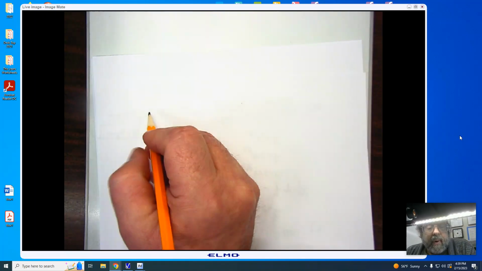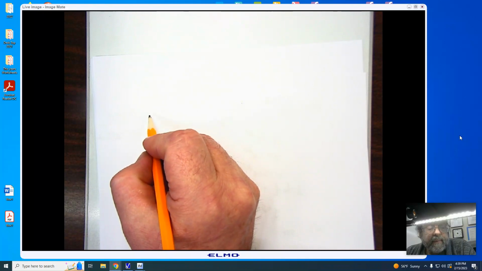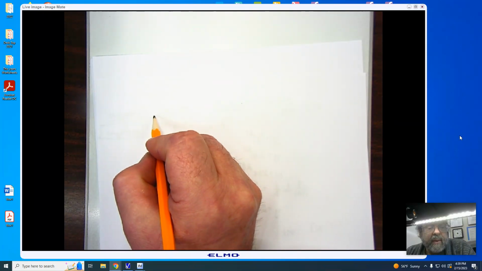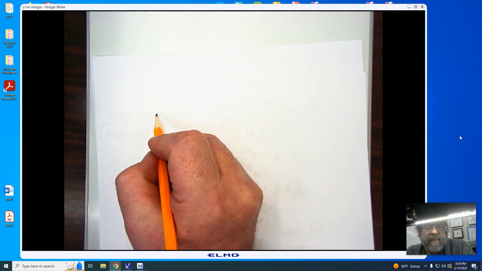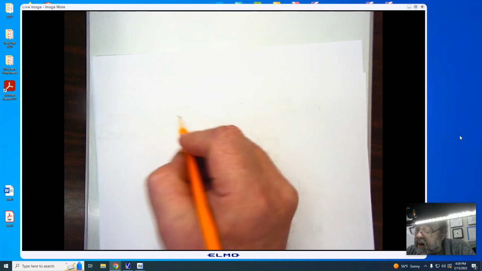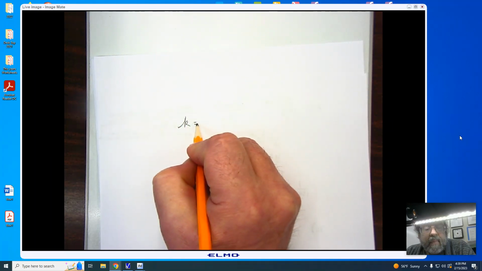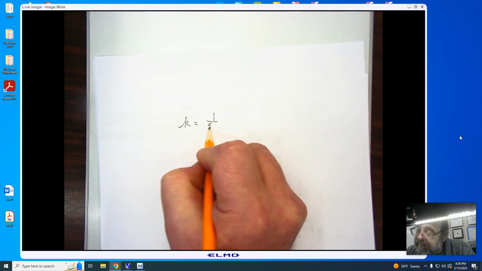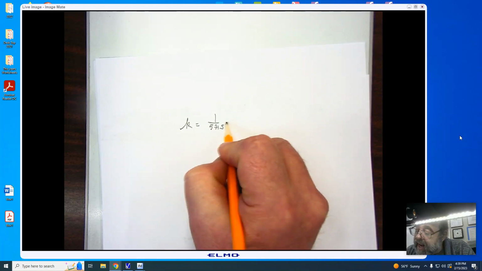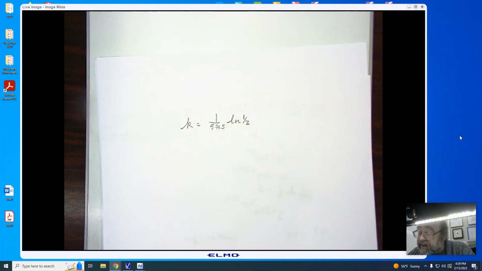So we're going to do number 33 next. 33 is giving us a different half-life. We now have carbon-14 with 5,715. That means that our constant is going to have to be 1 over 5,715 natural log of 1 divided by 2.